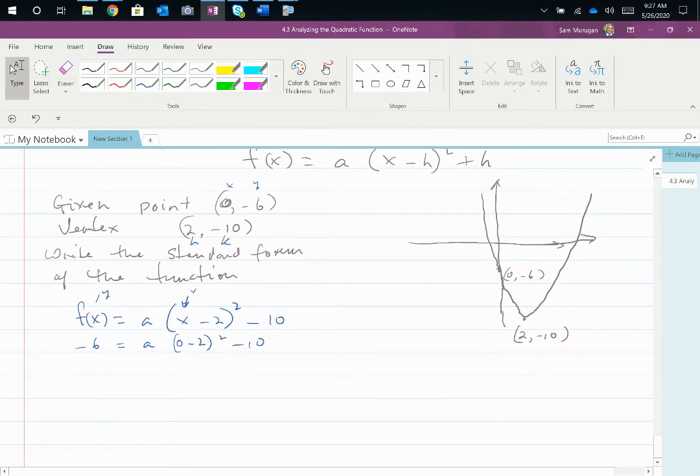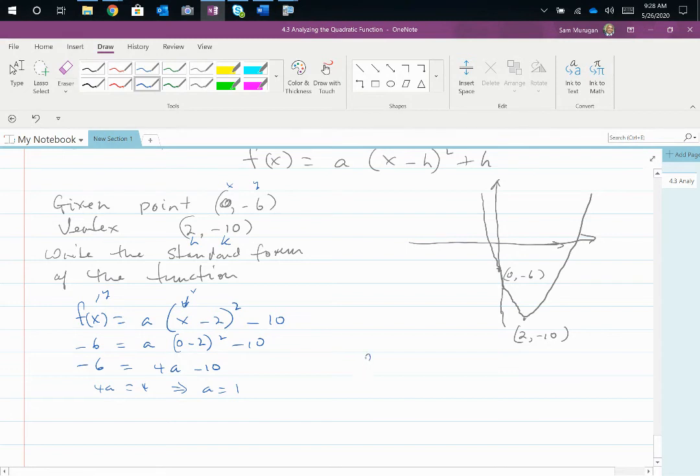And now we can see that the only unknown here is a. So this is negative 6. 0 minus 2 is negative 2 squared, which is 4. So this is 4a minus 10. And solving this, we can see that the a value comes out to be 6 minus 4. So 4a is equal to 4. So a is equal to 1.